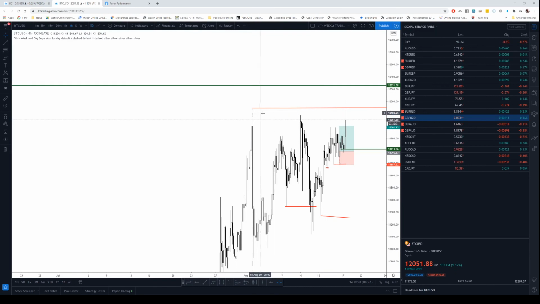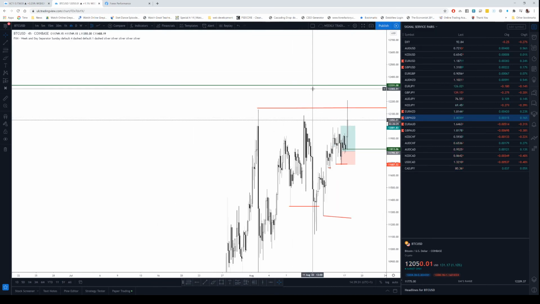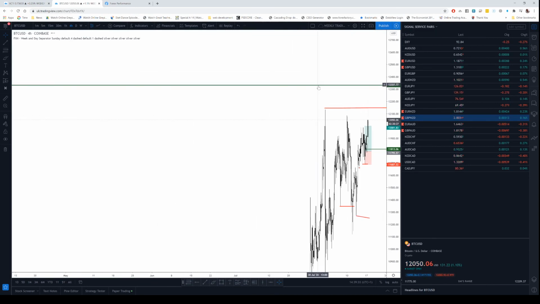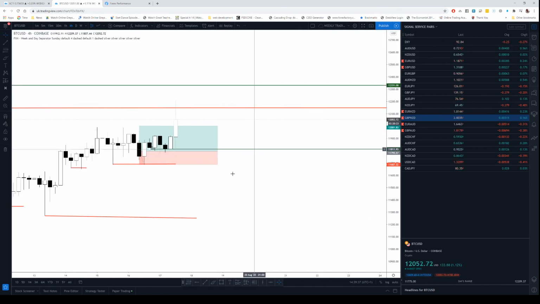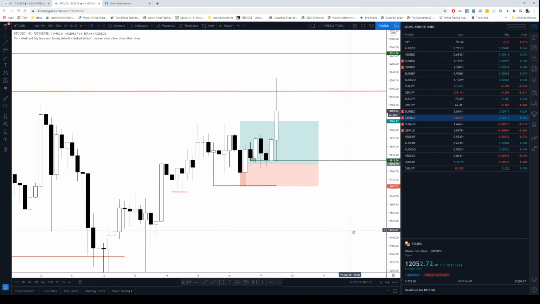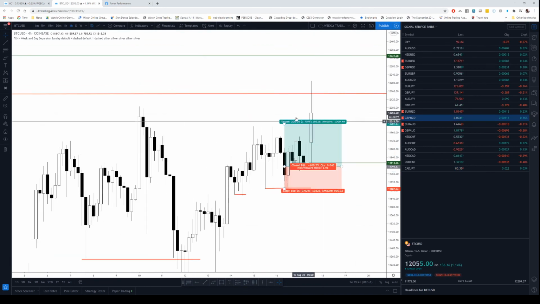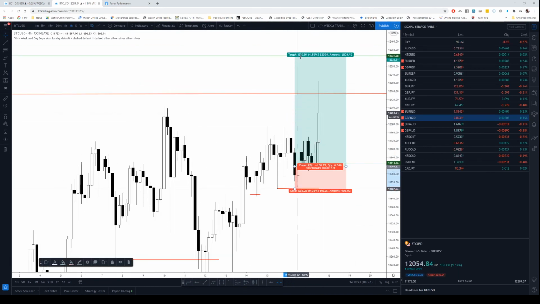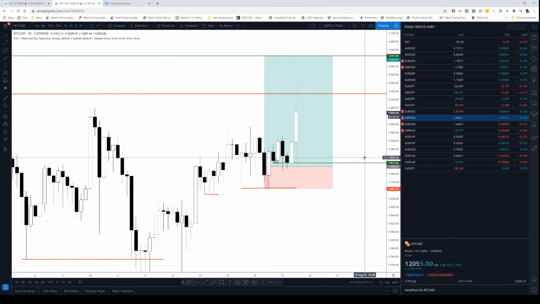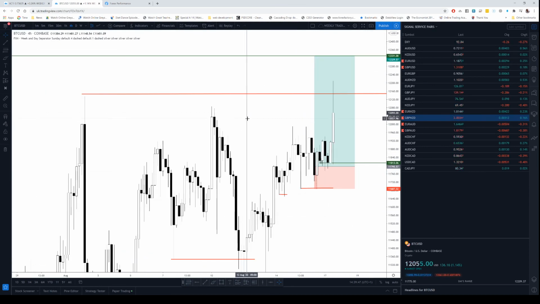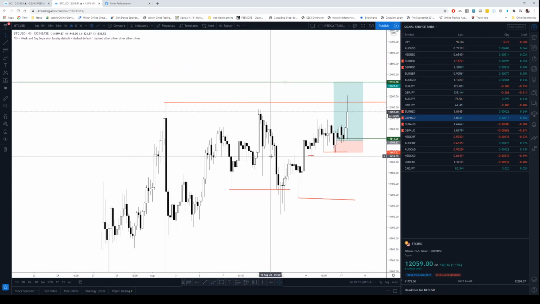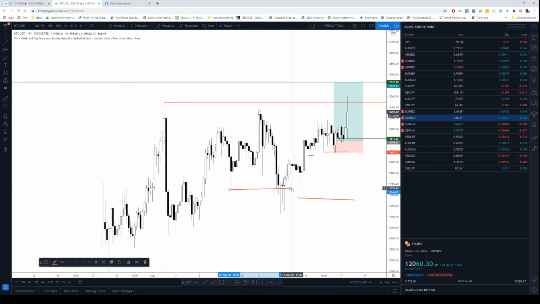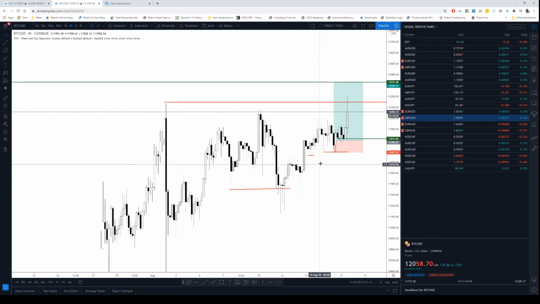Yeah, this equal high. So the next upside objective on this will be that weekly high, this one here. So for those of you interested in Bitcoin, that's your next upside objective. They've managed to clean out everyone who is trying to buy by taking out stops. They've killed everyone trying to buy this thing.